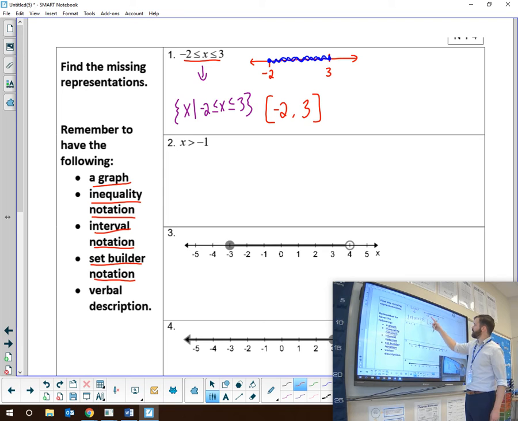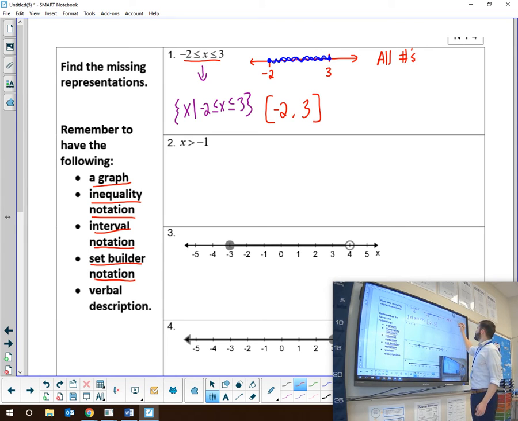So we've got set builder notation, we've got our graph, we have our interval notation, we have our inequality, and now let's talk about our verbal description. This is where you just explain it, right? I'm just going to write all numbers. It's always good to start off with that. All numbers is a good way to get started with your verbal description.